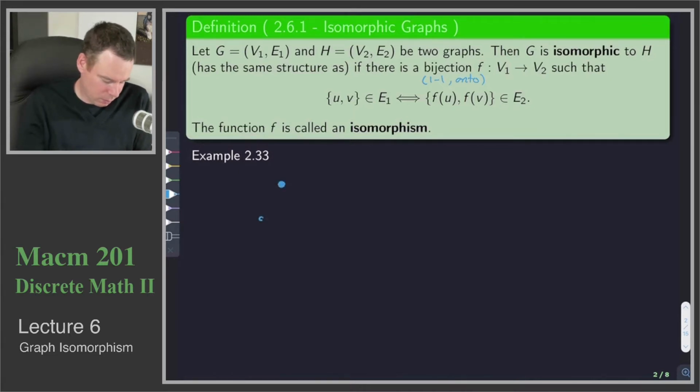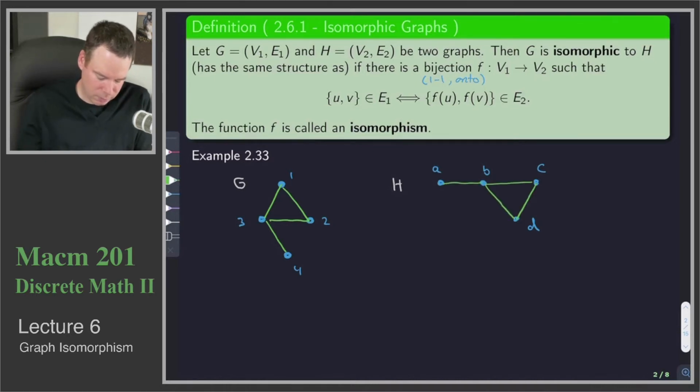So we've got this graph G. Maybe it's got labels 1, 2, 3, and 4, and it's got edges that look like this. So there's our graph G. And we've got another graph H, and maybe it has vertex A, vertex B, vertex C, and vertex D, and its edges look like this.